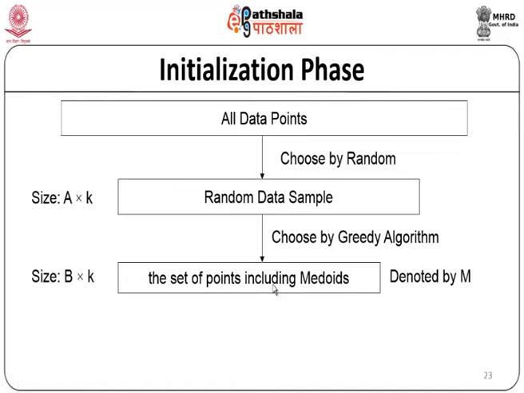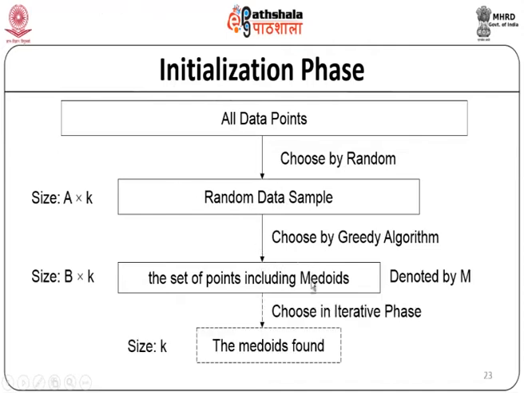The medoids are represented by the notation M. Choosing the medoids is done by means of a greedy approach. Finally, during the iterative phase, we verify whether the medoids that you have chosen are the correct medoids or not. When you take a look at this process, we initially start with a very large data set, then we finally narrow down to a data set whose size is k, which is very small when compared with the original data.